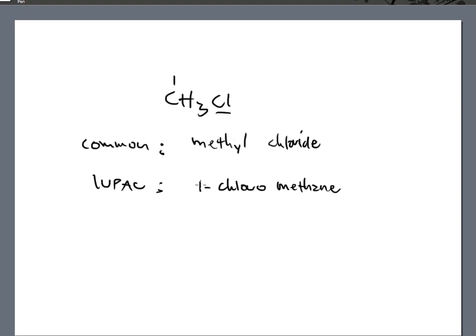So I can call this 1-chloromethane. Again, some people don't write the number there in front, and they will just call this chloromethane. There's only one option for that chlorine to go. That's it. Why do I need to designate a number? That's just how they see it, so they leave that off.